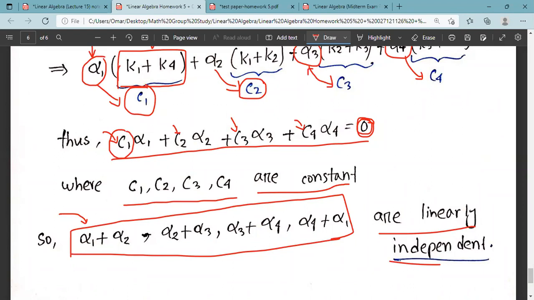Why do we use an augmented matrix to prove independence? Because augmented matrices are much easier to calculate, and we can convert them to RREF and come to a solution. That's why we use an augmented matrix to prove whether a linear system is independent or dependent.